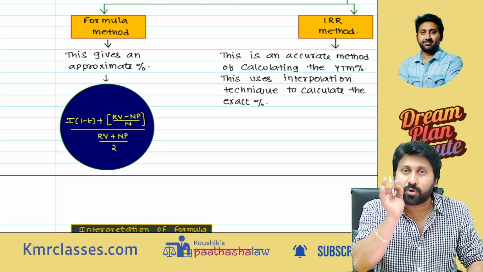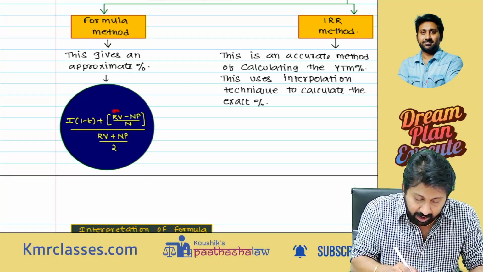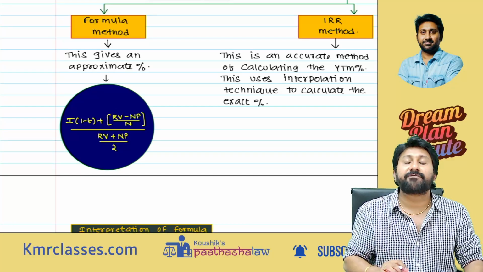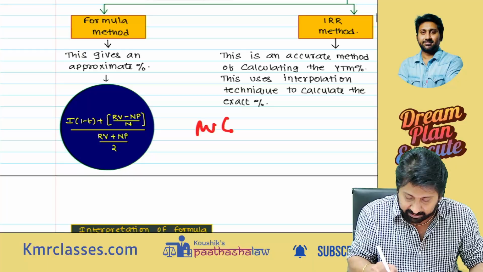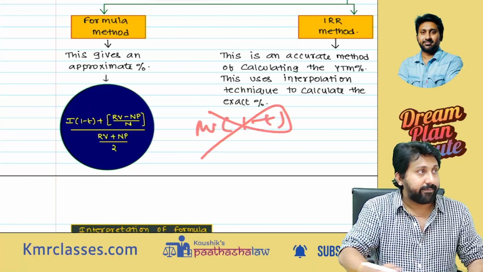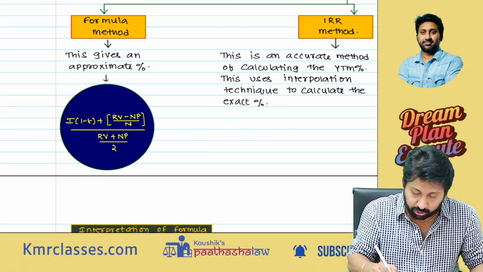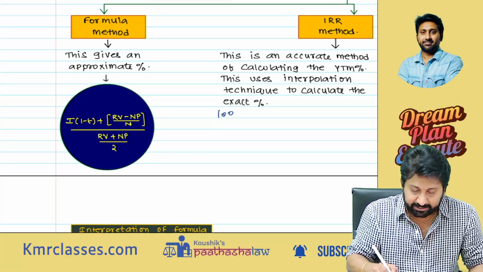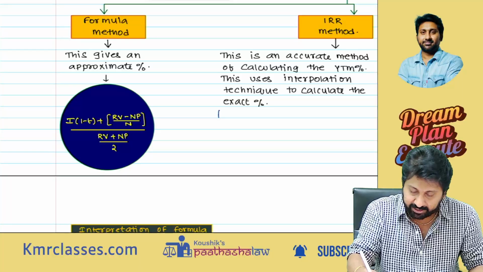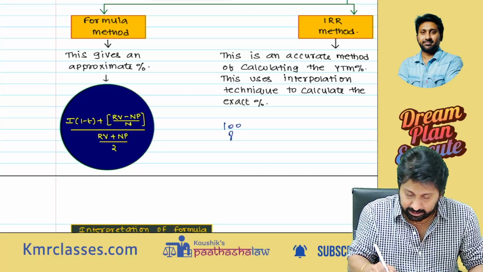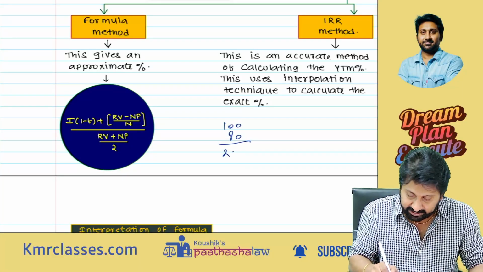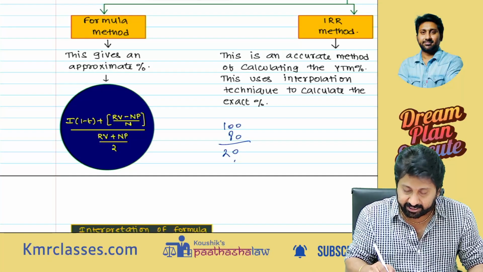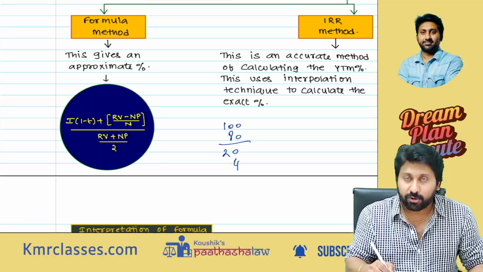The only one observation that you need to make is that RV should be considered after tax. After tax means what? If tax 30% is given, RV into (1 minus T) is wrong. I'm not telling that. See, like this you should do. I purchased at 100. RV 100, NP 80, 20 is the capital gain, and say 20% is the capital gain tax, which is 4 rupees.